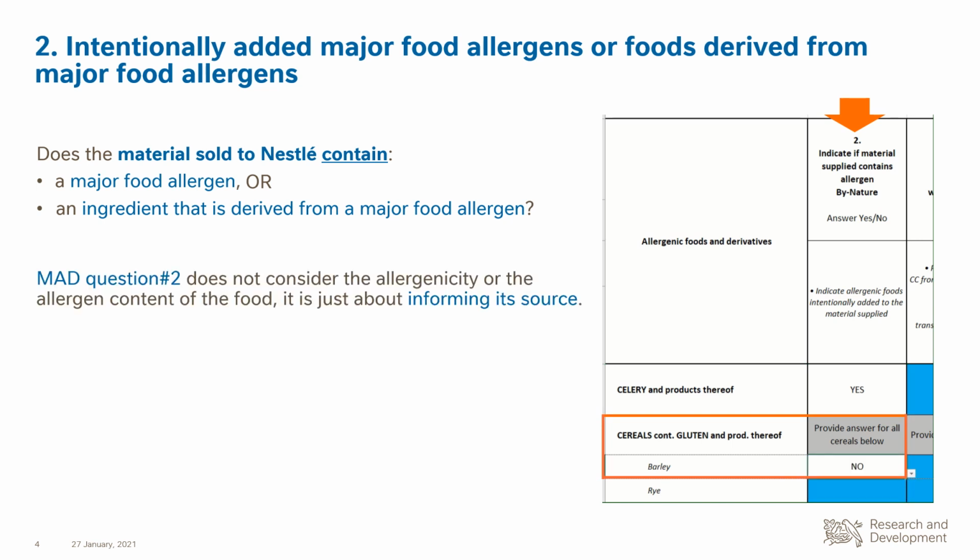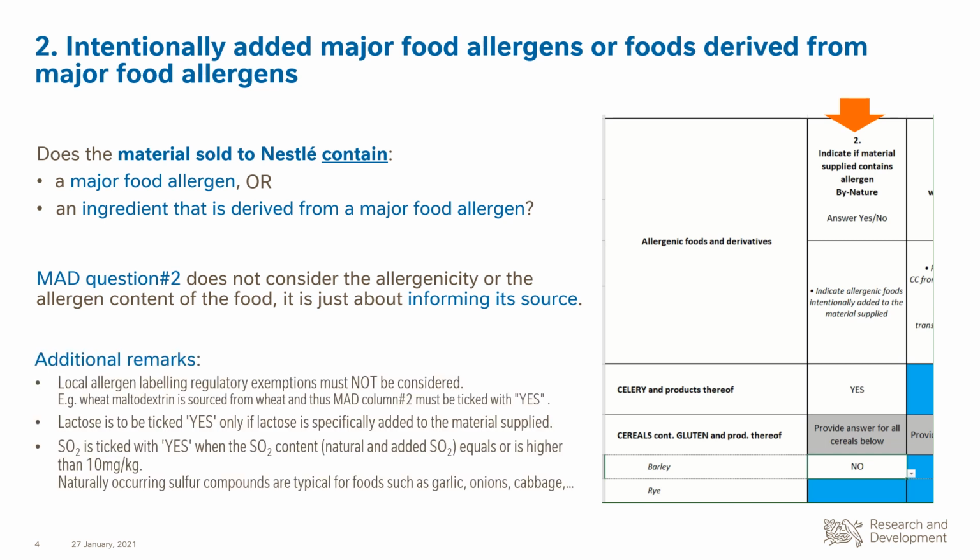MAD question 2 does not consider the allergenicity or the allergen content of the food, it is just about informing its source. Local allergen labeling regulatory exemptions must not be considered. Typically, wheat maltodextrin is sourced from wheat, and so MAD column 2 must be ticked with yes, even if this food is exempted from labeling in some jurisdictions.